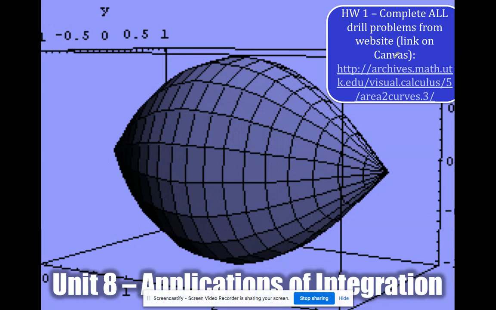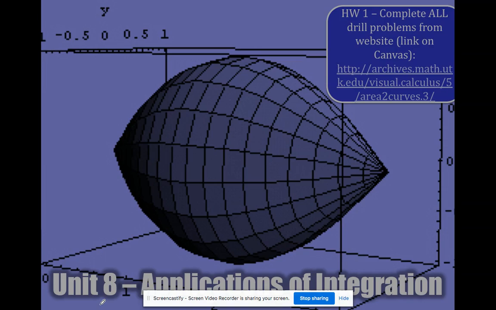And the nice thing about these website problems is it steps you through each of the problems, so how to set it up. The biggest issue with Unit 8 problems is the setup. You know how to integrate. You make a mistake here and there with integration, oh well. But you can't access the problem if you can't set it up. So the nice thing about why I like this website is that it talks you through how to set it up.